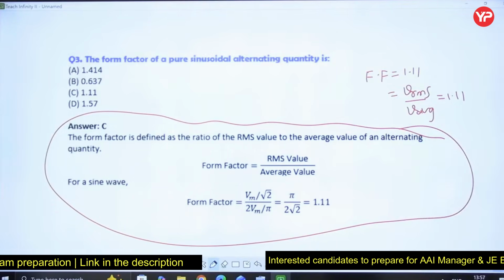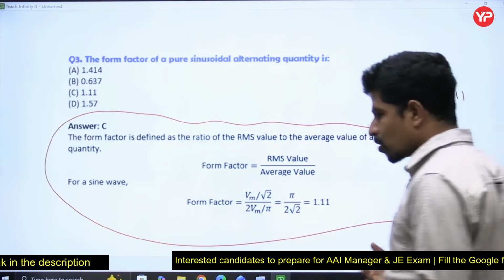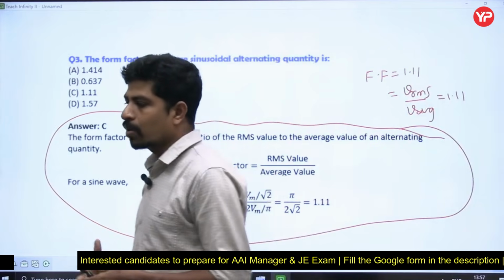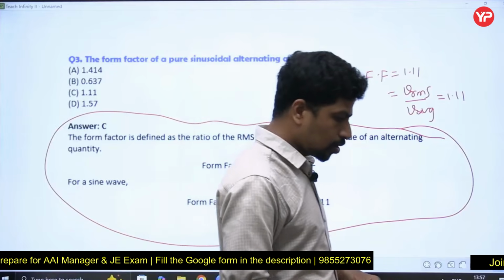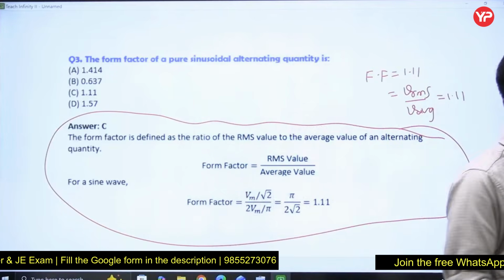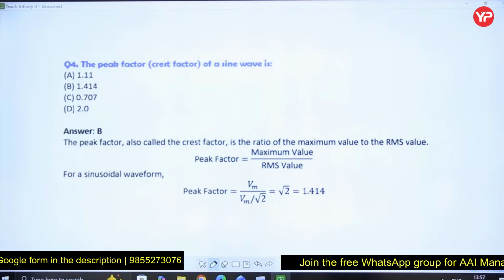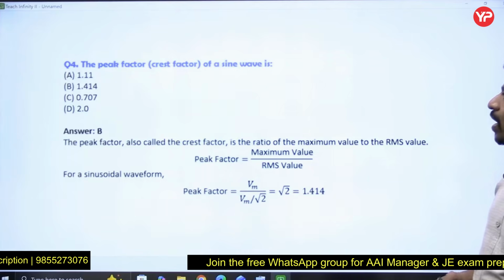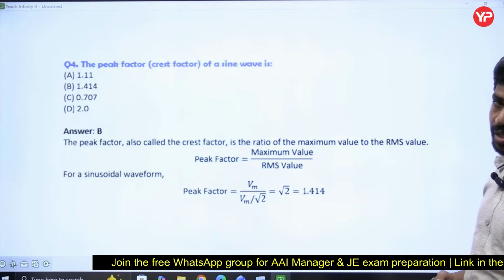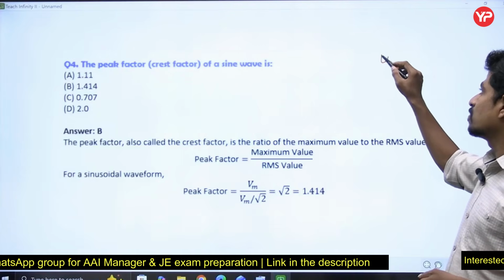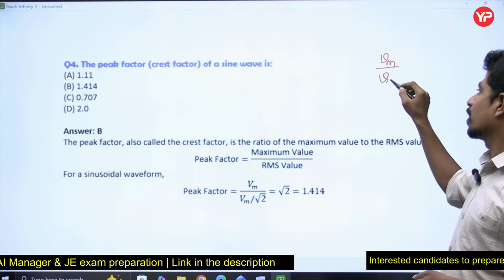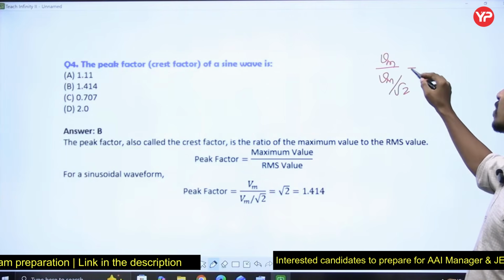The reason is we discussed the concept and formulas just before we headed to this topic. Before we entered this topic, we learned all the formulas, right? Let's go to the next question. The peak factor or crest factor is how much? What is the formula? V maximum by Vrms. Vm by Vrms is Vm by root 2. It may be current also, that's not an issue.